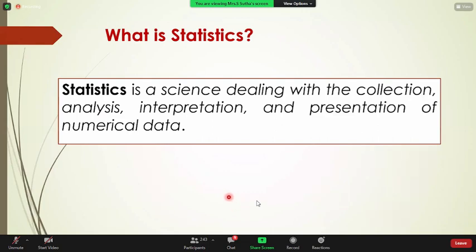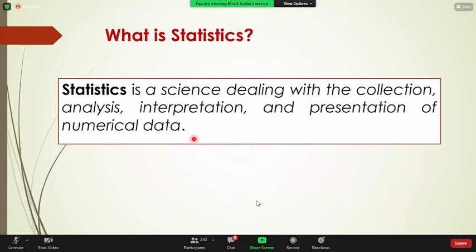Right. Now, a little bit we are moving in a different manner. What is statistics? Statistics is a science dealing with the collection, analysis, interpretation, and presentation of numerical data. In this context, what do you think about this definition?